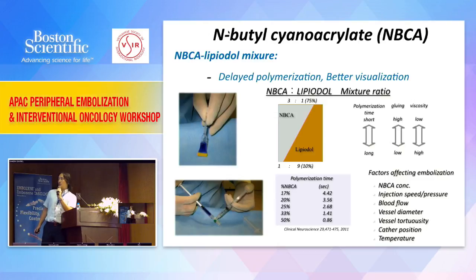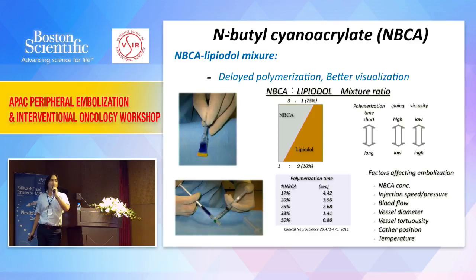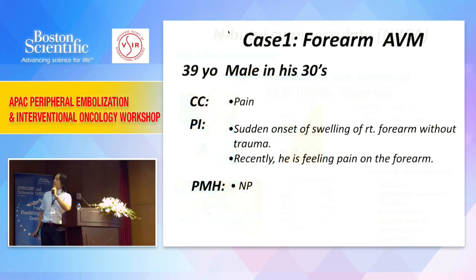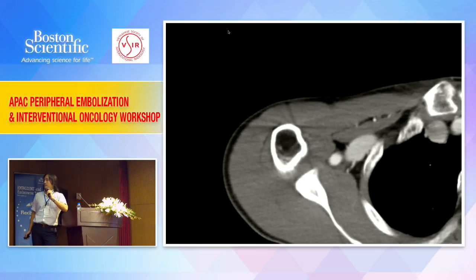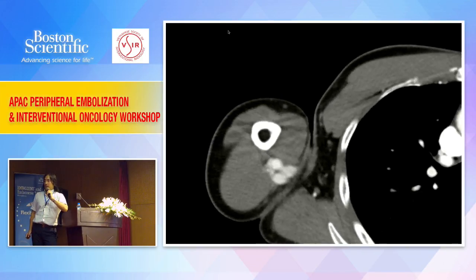And of course we use NBCA mixed with Lipiodol. Maybe you know very well about NBCA, so I omit it. So I will show you some cases. The first one is a forearm AVM, a 30-year-old male, and he feels pain. This is the dynamic CT.